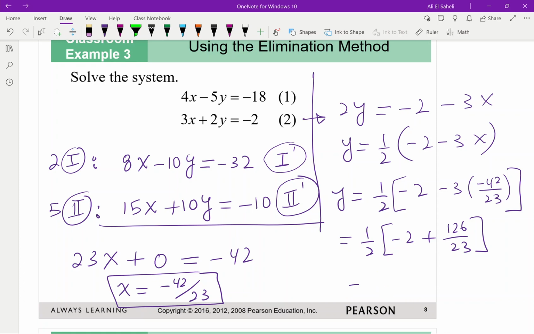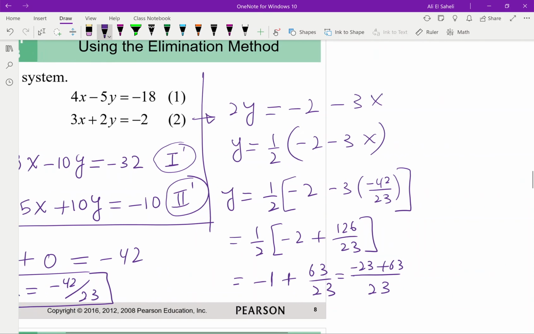well, let me multiply this out. So this times this is minus 1, and this times this, you divide the 126 by 2, so that's plus 63 over 23. So this is equal to minus 23 plus 63 over 23.